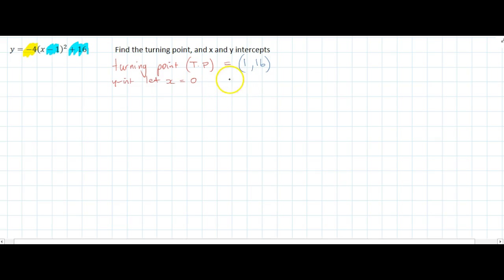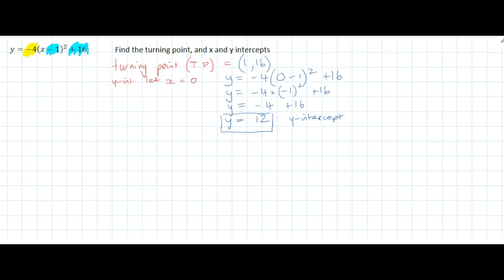So let's work through it. y equals -4, in brackets we get 0 because x is 0, minus 1, all squared, plus 16. Brackets first: -1 squared is 1. 1 times -4 is -4, so the y-intercept is 12. We'll mark all this on a set of axes at the end, even though the question doesn't say to.